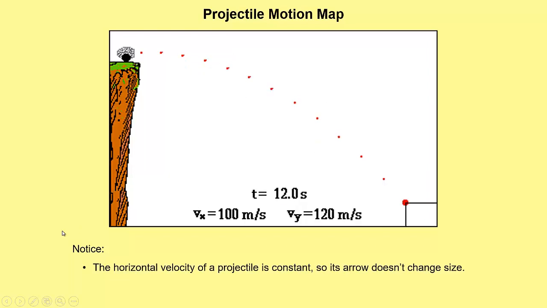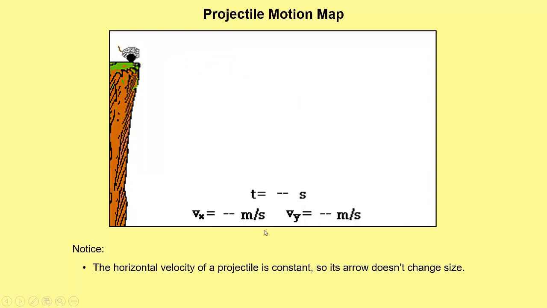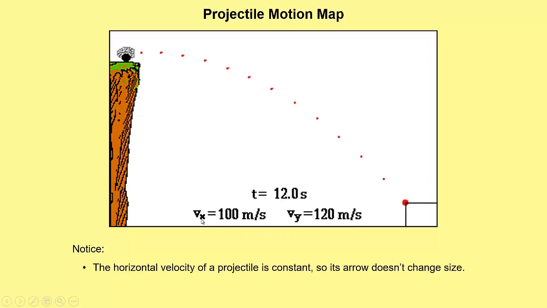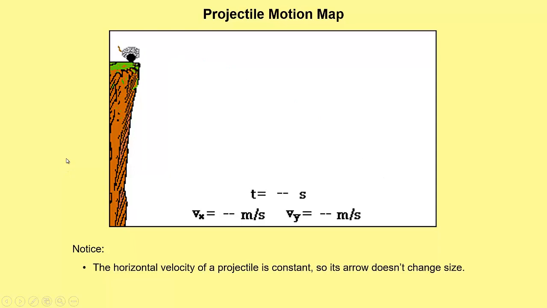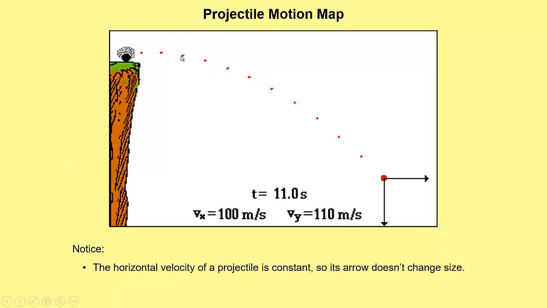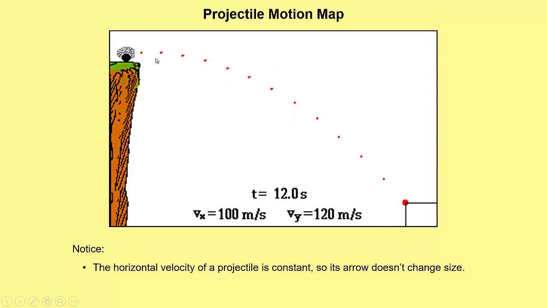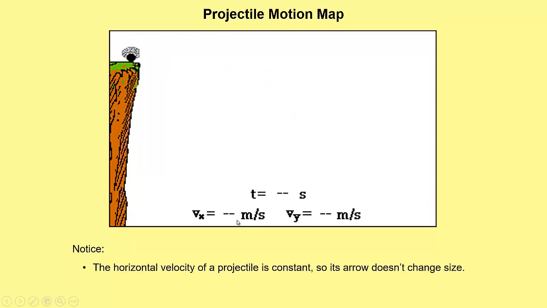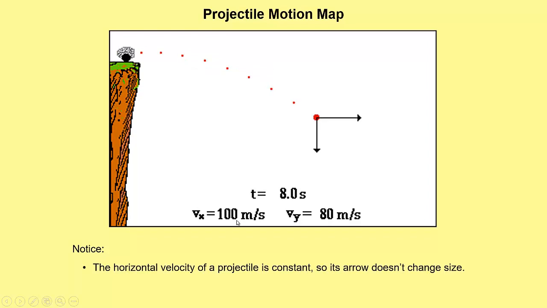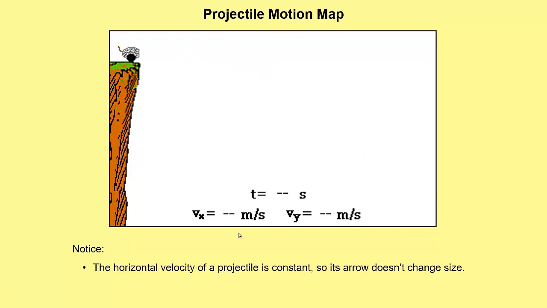If you look down there, it leaves the cannon going 100 meters per second horizontally, and it keeps going 100 meters per second horizontally. After 1 second, it would have moved 100 meters. After 2 seconds, it would move 200 meters. After 3 seconds, it would have moved 300 meters horizontally.